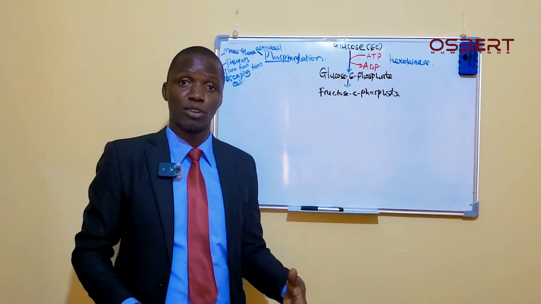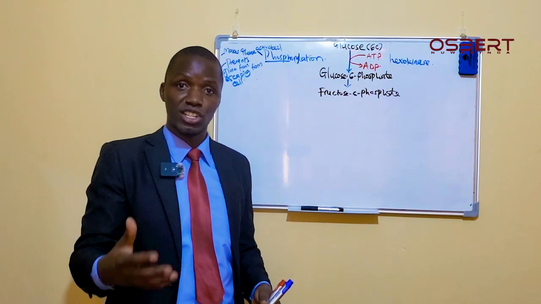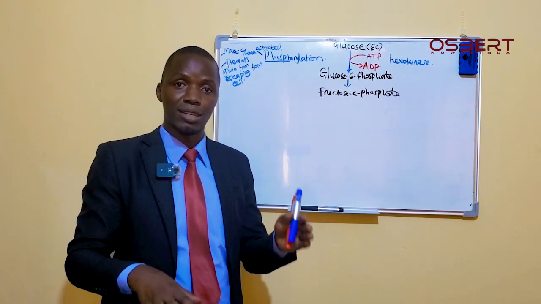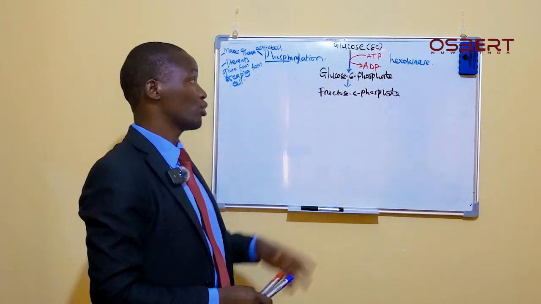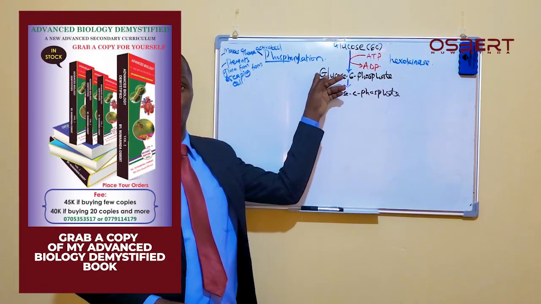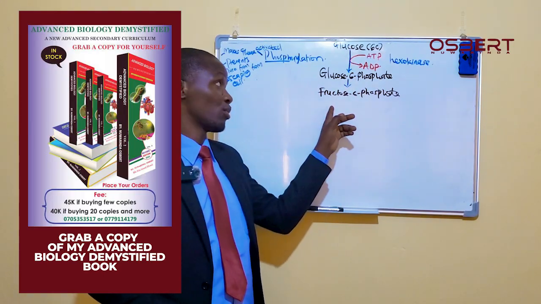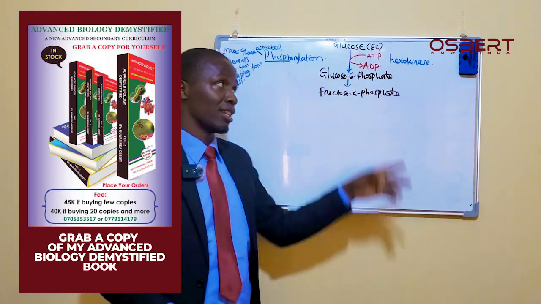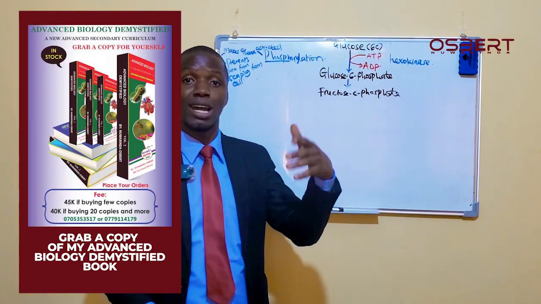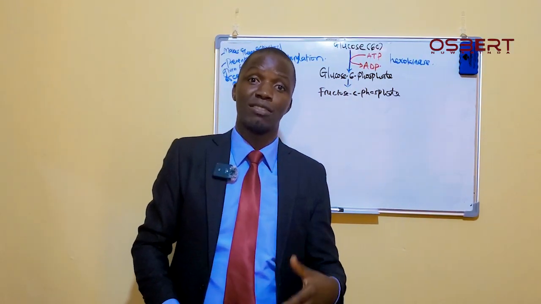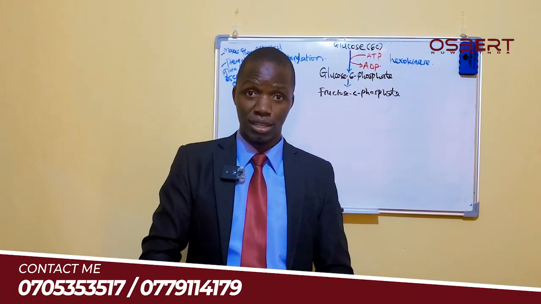The structural organization is what makes them different. So fructose is an isomer of glucose. So when glucose 6-phosphate turns into fructose 6-phosphate, we simply say that the glucose 6-phosphate would have undergone isomerism. It would have isomerized. You get?